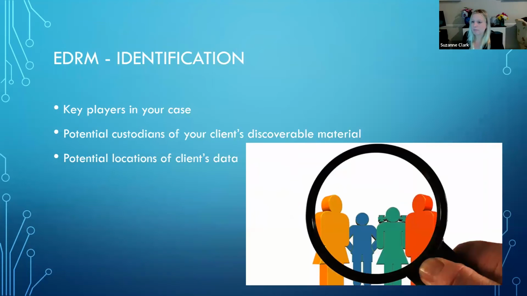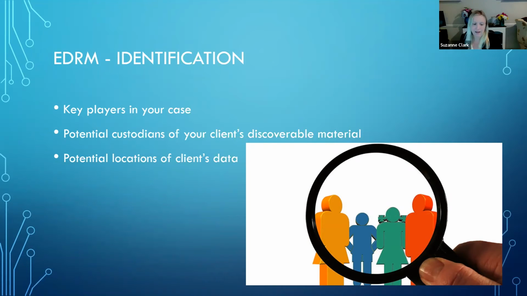So we start towards the left, and the first thing we have to do is identify the ESI and potentially responsive information sources. They call it information governance, and that is absolutely a corporate-based idea. But when we have consumer plaintiffs, I think of information governance as what I have myself.